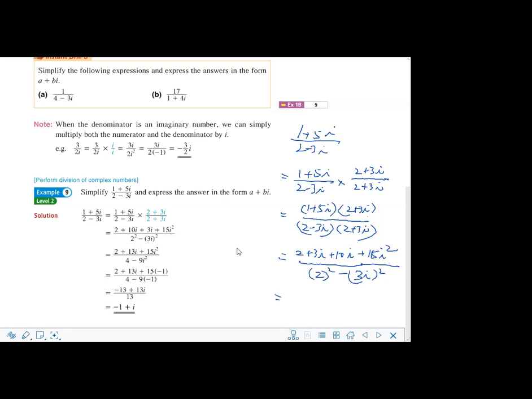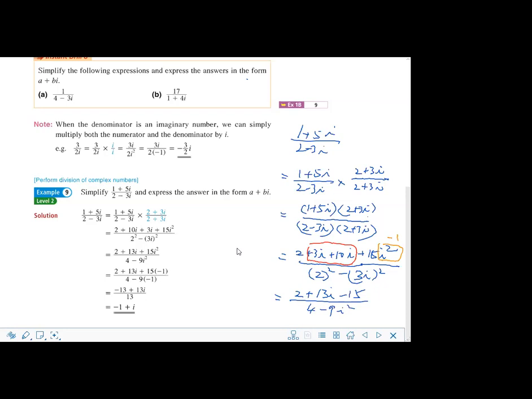Okay, it becomes 2 plus 3i plus 10i will be like terms. Okay, so they can be added together, becomes 13i. And then this i squared becomes -1. So this becomes -15. And then it is 4 minus 9i squared.